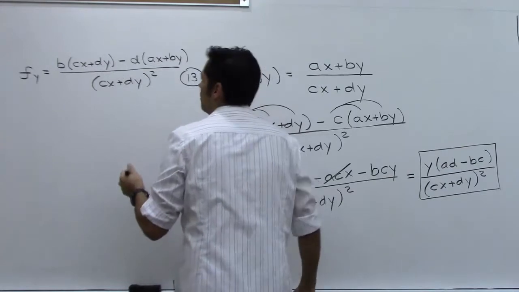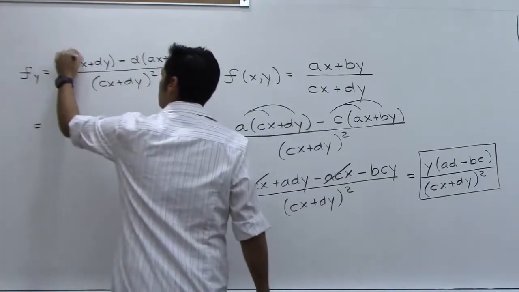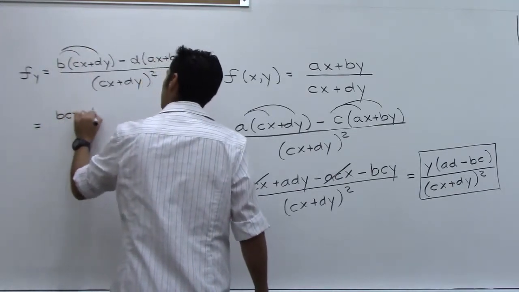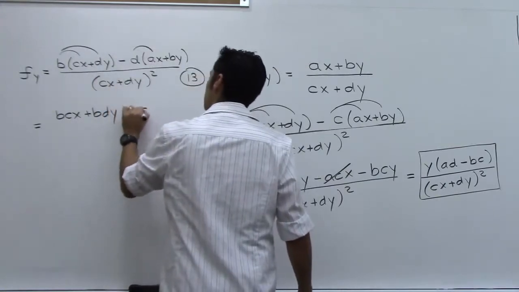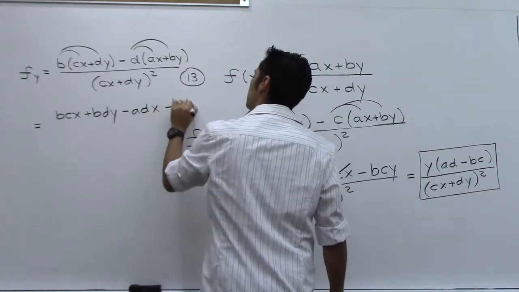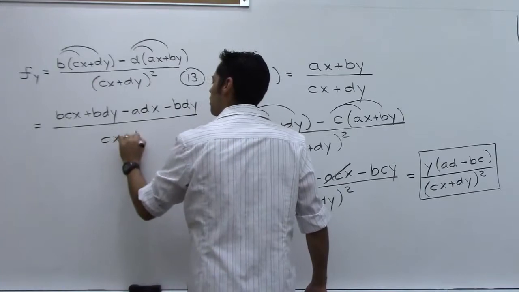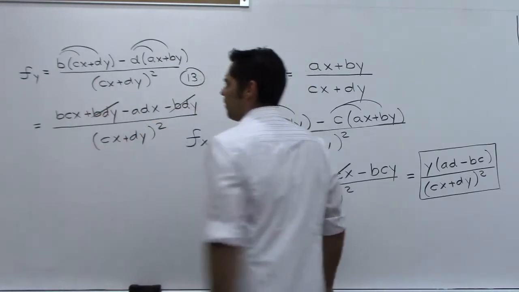And then if we do this, let's see, do we get any canceling here? We have on the top, if we distribute through here, bcx plus bdy, distribute here, minus adx minus bdy, all over cx plus dy squared, and we get those to cancel.